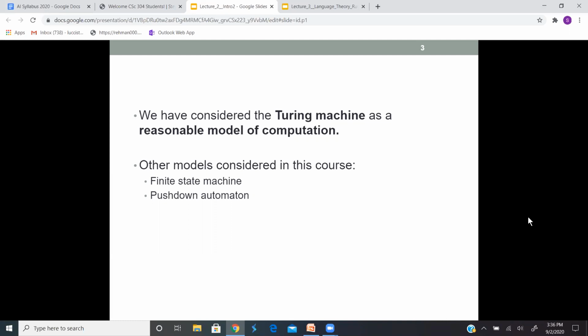And the other two models that we said we'll get to, your book starts with Turing machines. Other books, like Sipser or what have you, you might see that they begin with a finite state machine, get to a push-down automaton, and then up to a Turing machine. We go backwards, or we start at the top. So here we are up in heaven, Turing machine, that's the best we can do.